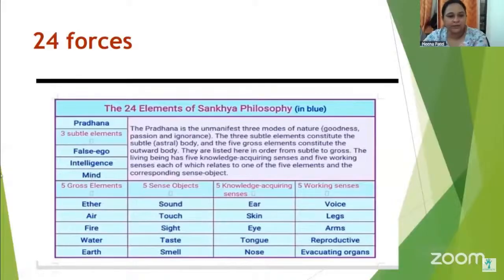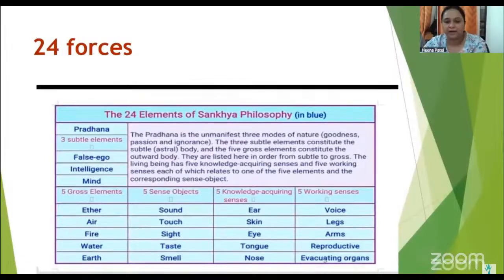And we do have a certain kind of personality according to our memory. And then we go for a response, and the response could be speech, by legs, by arms, by reproductive system, and by evacuating organs. So these are the forces. Then how it gets disturbed and why it is not working, now we will discuss.